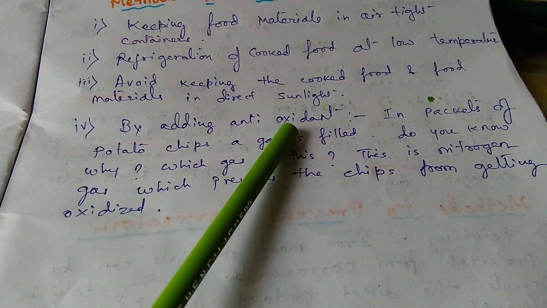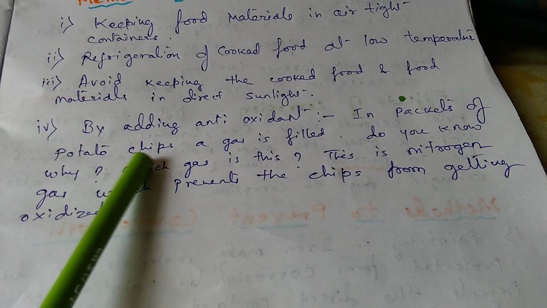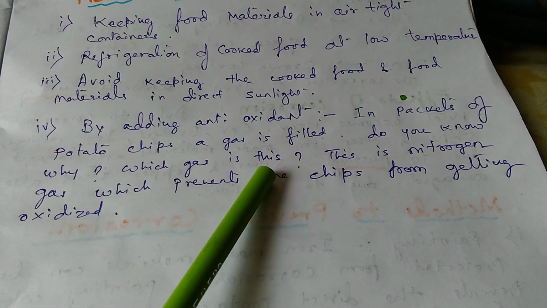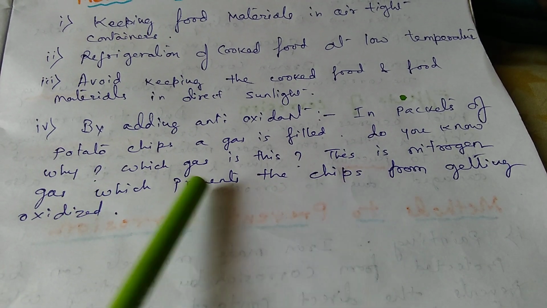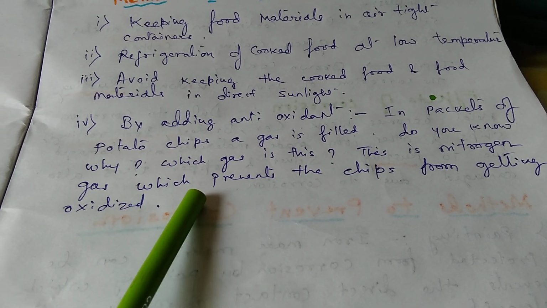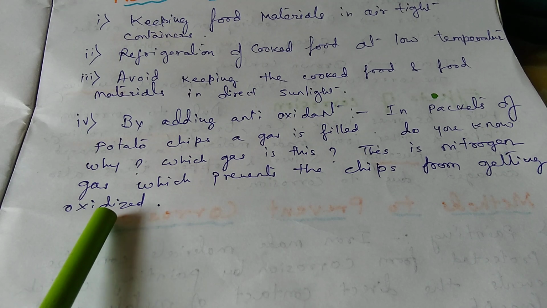Last one is adding antioxidant. You have seen in packets of potato chips a gas is filled. Do you know why? Which gas is this? This is actually nitrogen gas, which prevents the chips from getting oxidized, because nitrogen is an inactive gas. It prevents the chips from reacting with oxygen, that means getting oxidized.